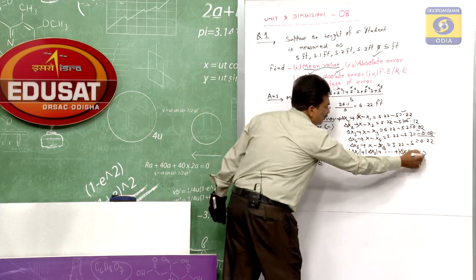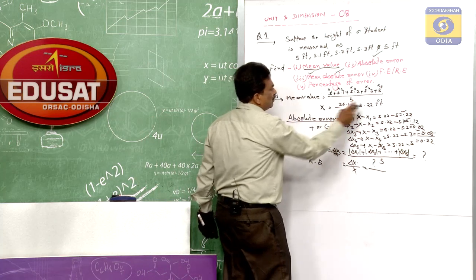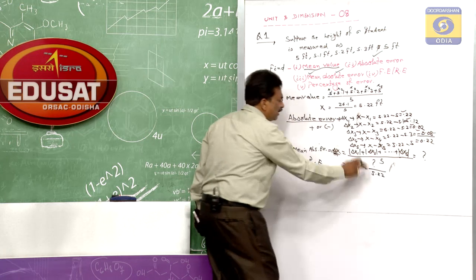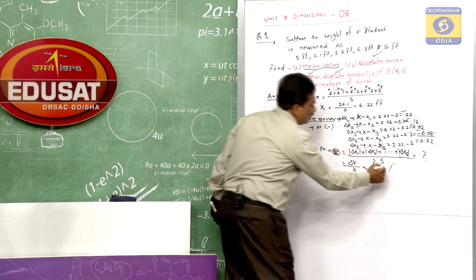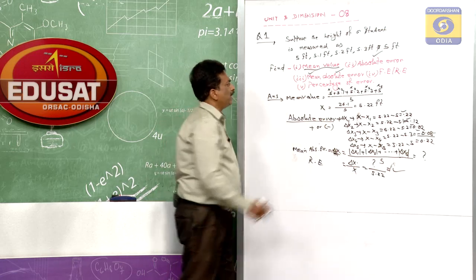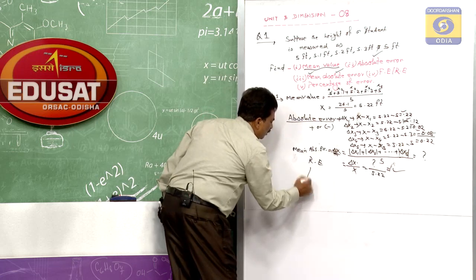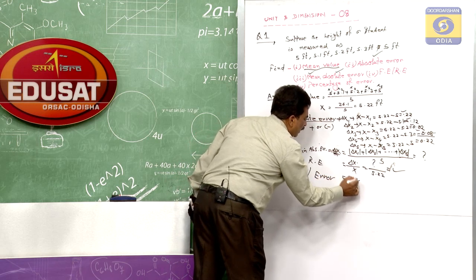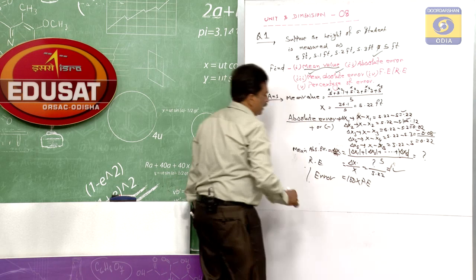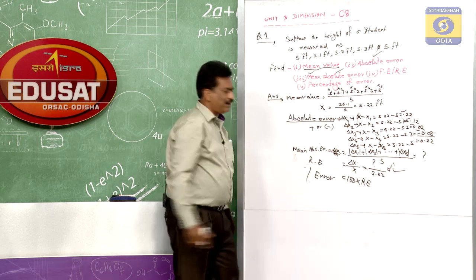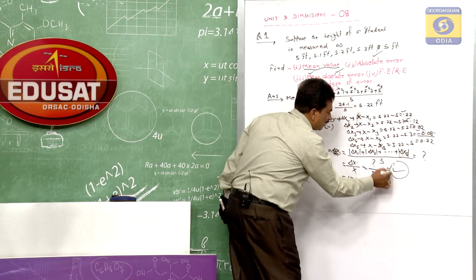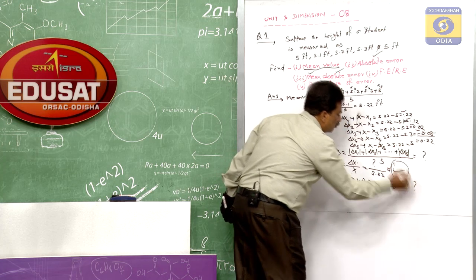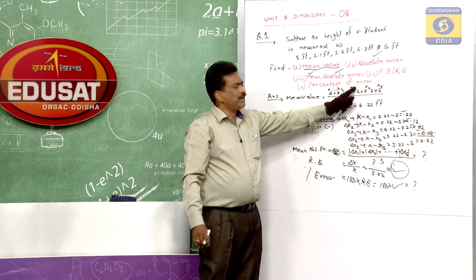So this value divided by x, which is 5.22, is the relative error. And what is its value? You have to determine it. Then the percentage of error is 100 times the relative error or the fractional error. So 100 into that one will be the percentage of error.